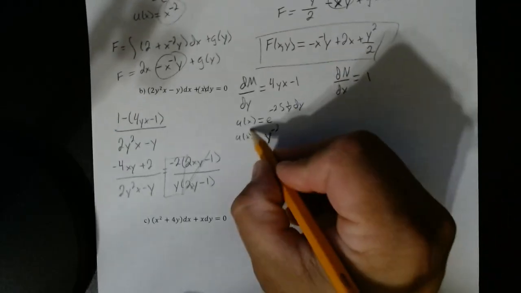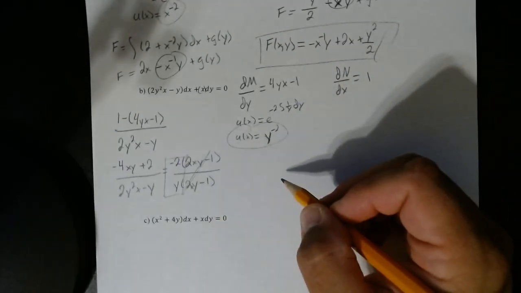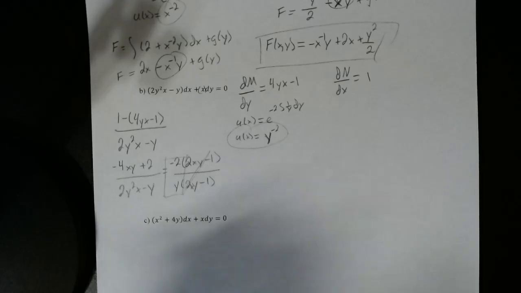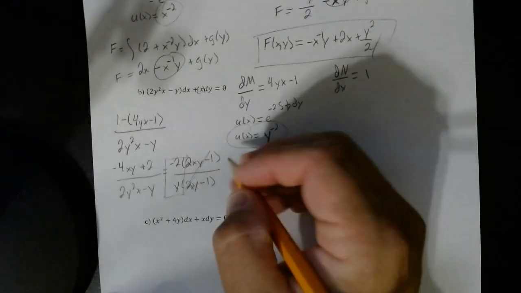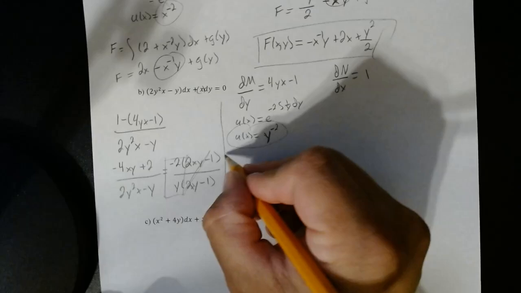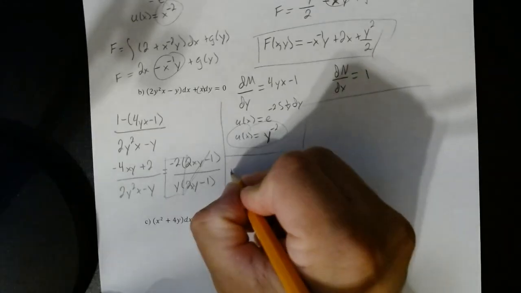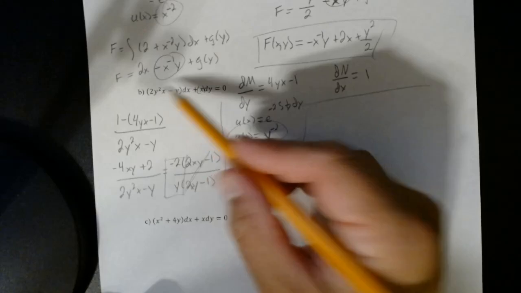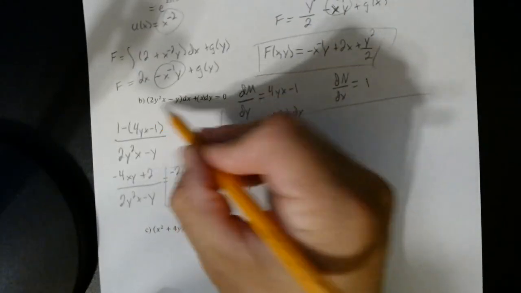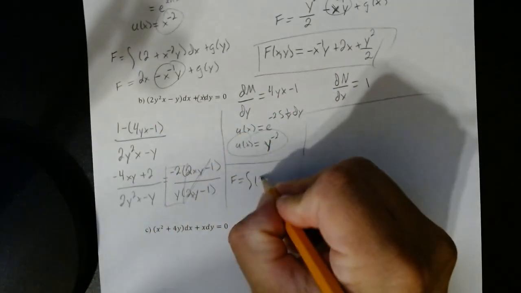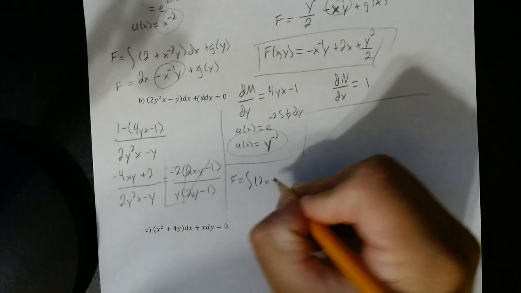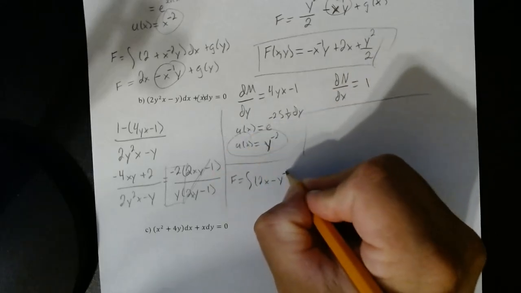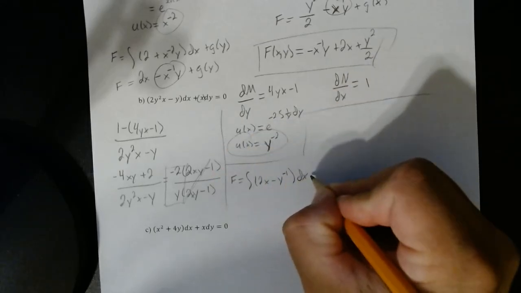Alright, so now that we have our integrating factor, we multiply and just follow the steps we just did above. So multiply this out, so this times our m value, the y's will cancel, we just get 2x, and this becomes negative 1 power dx.